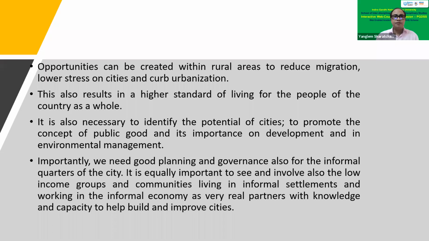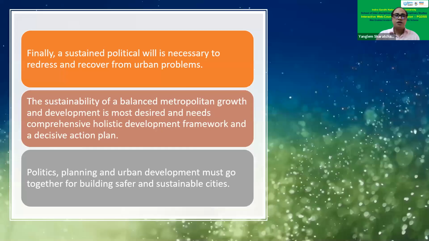And the first and most important thing, if you want to minimize urbanization, is to stop rural push and urban pull. To stop that rural push, we need to develop basic infrastructure and livelihood opportunities in rural areas. Only then will we be able to limit the impact of urbanization to some extent. These are some of the facts.